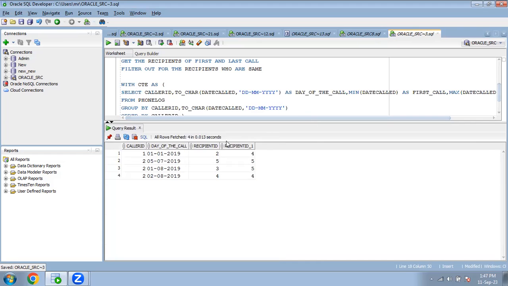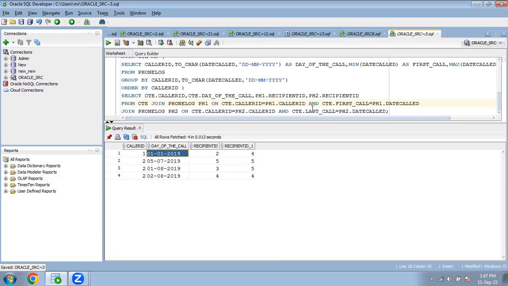So here is something I got, guys. One is caller ID for this day. Recipient, I can say this is ph1 recipient ID, which I'm matching against first call, so I can say first recipient. And for ph2, I'm matching against the last call details, so I can say last recipient.